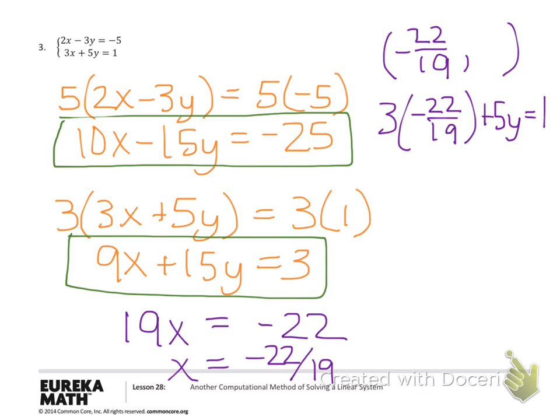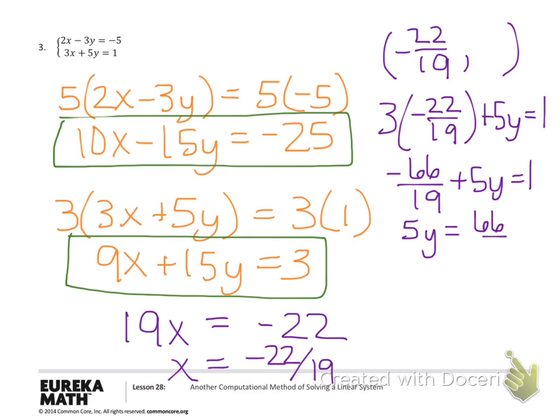So can't simplify anything here, so this is going to be negative 66 over 19 plus 5y equals 1. I'm going to add 66 over 19 to get rid of it. So I'm going to get 5y is equal to 66 over 19 plus 1, which I'm going to write as 19 over 19.